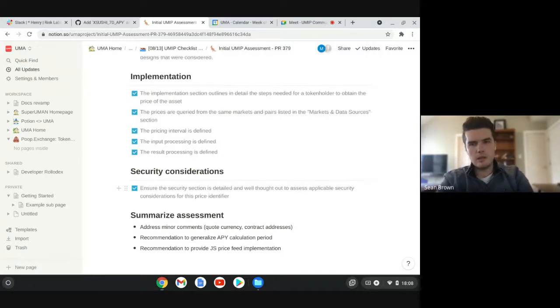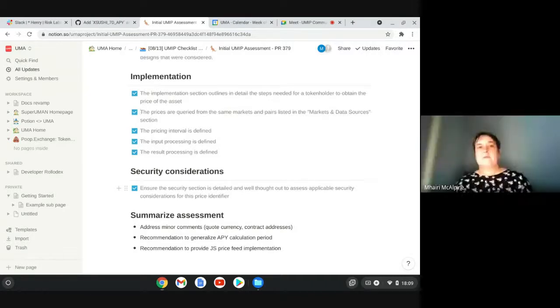A lot of the identifiers that we get nowadays are for KPI options, where creating a price feed is oftentimes not very doable or unnecessary.